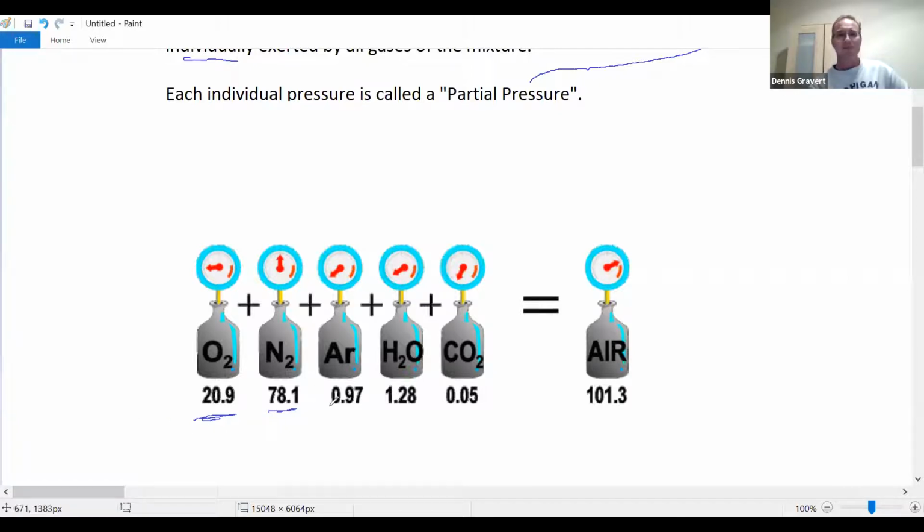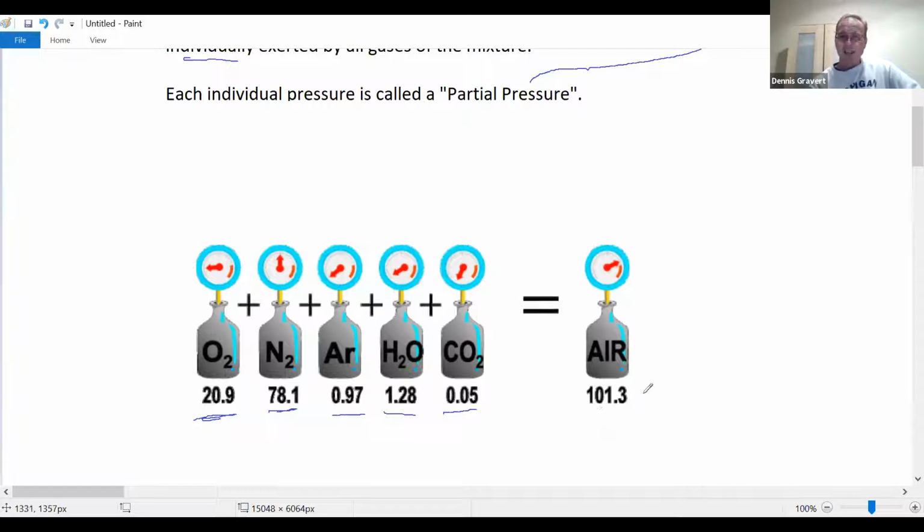It's a mixture of argon, there's some humidity in the air, water vapor, and some carbon dioxide. You just exhaled some, and you go outside, and plants need carbon dioxide. That's what they take in. So the atmosphere naturally has these five gases, and there are others. Of course, there are pollutants, and other molecules in smaller amounts. But these are the five major components of air.